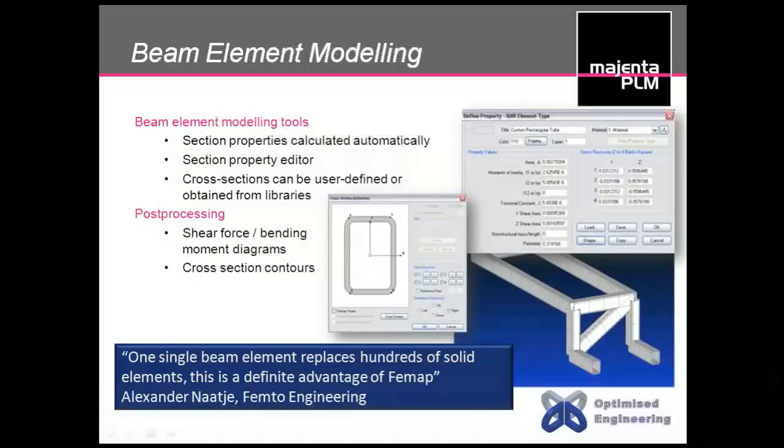You can define quite complex section properties in which the beam section properties are calculated automatically, and you can have user-defined beam sections or off-the-shelf library sections. And then we'll see further on, when it comes to post-processing, the way in which the data can be mapped back onto those beam elements.